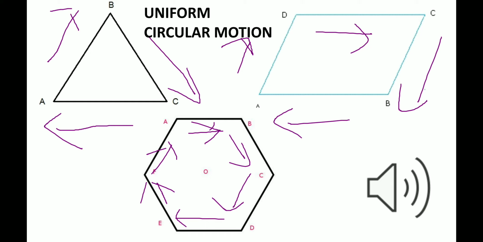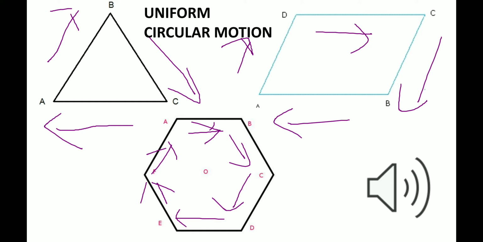So, I start moving from A and I reach B. The moment I start moving from B to C, velocity changes. That means acceleration is produced. Then from C, I am moving towards A. Again, change in direction. Again, it produces acceleration. So, velocity changes in three places in the first figure.